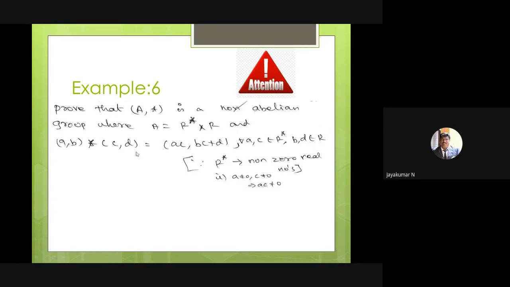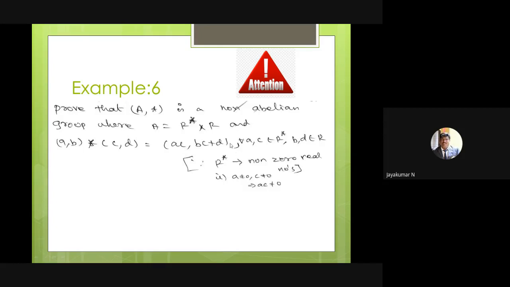What is the binary operation? If you choose two elements from A, say A comma B belongs to A, C comma D belongs to A, then apply the binary operation that is defined by first coordinate into first one. That is AC, comma BC plus D. So you have to clearly understand this definition. Say this is the x coordinate, this is the y coordinate. I just multiplied both x coordinates. That is my resultant x coordinate.